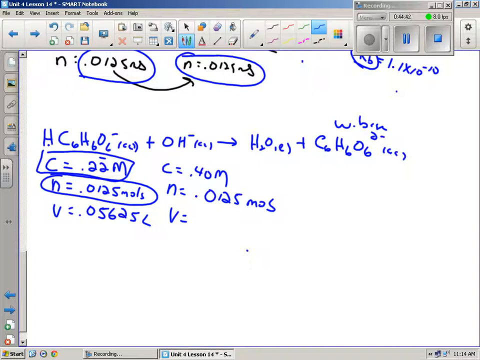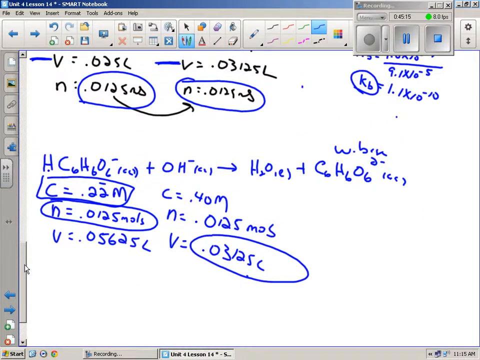That's all I did there. But 0.0125 moles has to react with 0.0125 moles here. What's the volume down here? 0.03125, right? Do the division there, guys. 0.0125 divided by 0.40 is 0.03125, right? So it takes another 31.25 milliliters, correct?